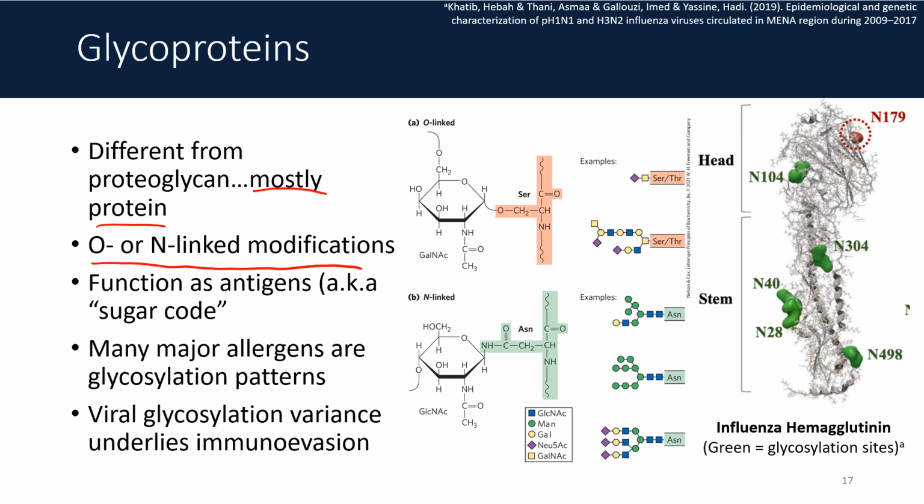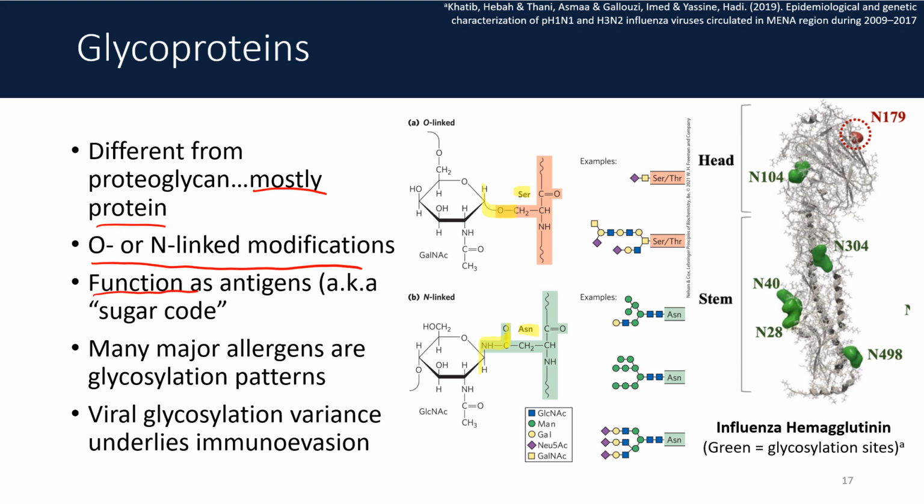These are going to be glycosidic bonds between the sugar and the hydroxyl of a serine, for example, or also commonly the amido group of a surface asparagine. And another difference between glycoproteins and the other carbohydrate conjugates discussed so far is that proteoglycan is very structural. Glycoproteins are often very functional.